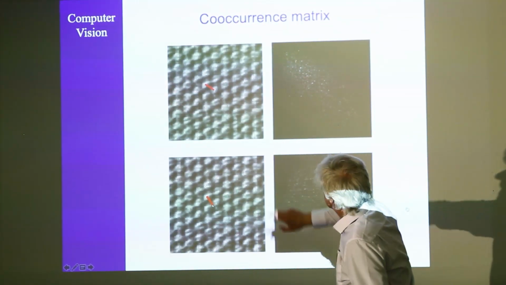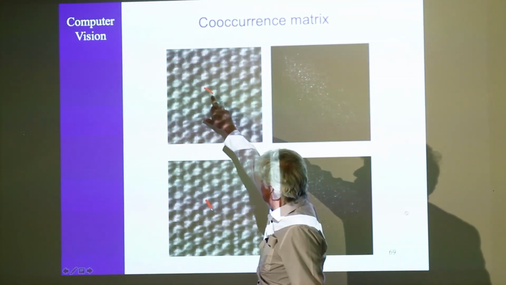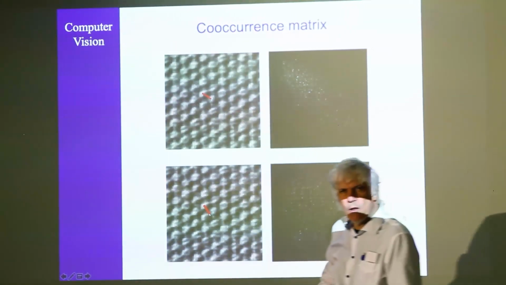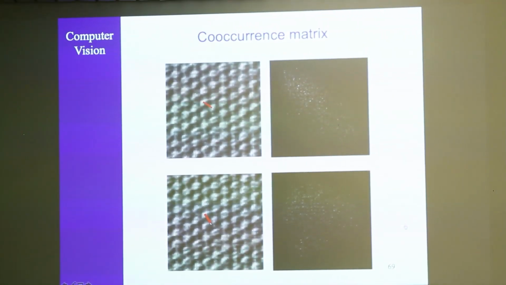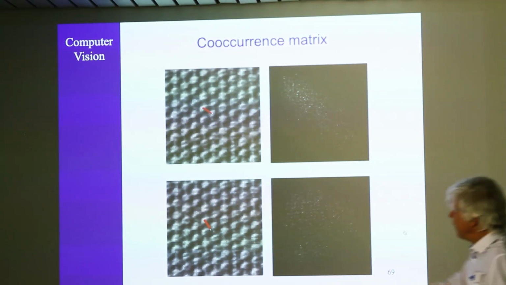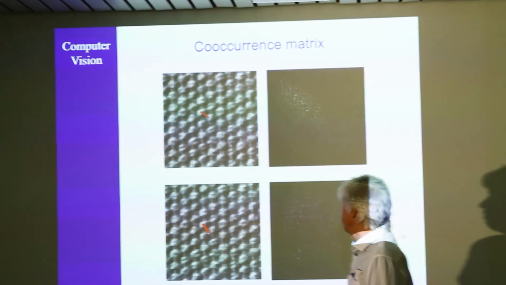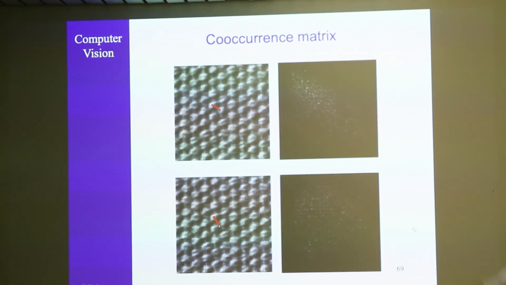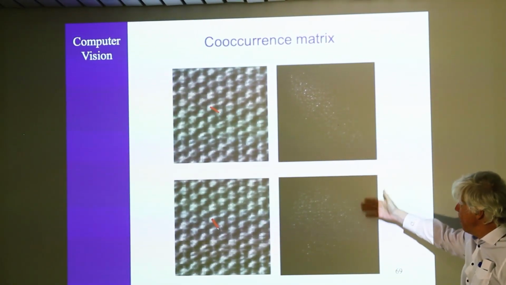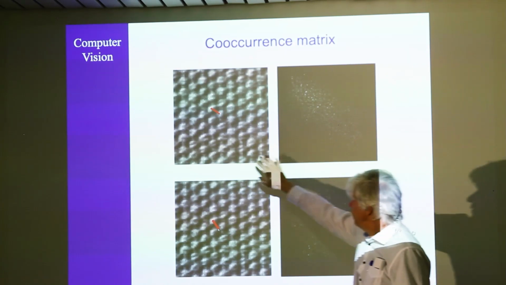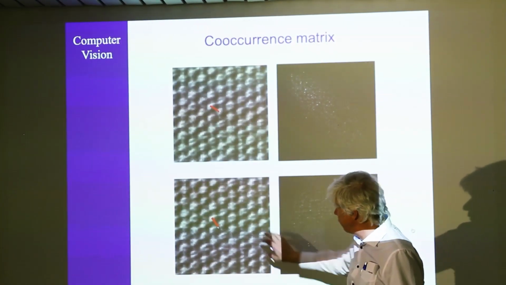And note, this is pretty much a periodicity vector. And this vector by no means corresponds to a period of this pattern. Here are the corresponding co-occurrence matrices. This for that image and this co-occurrence matrix for that image.